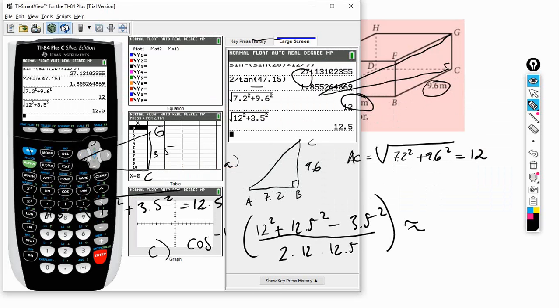So we need to do the inverse cosine. So second function inverse cosine, and here we will need those parentheses.